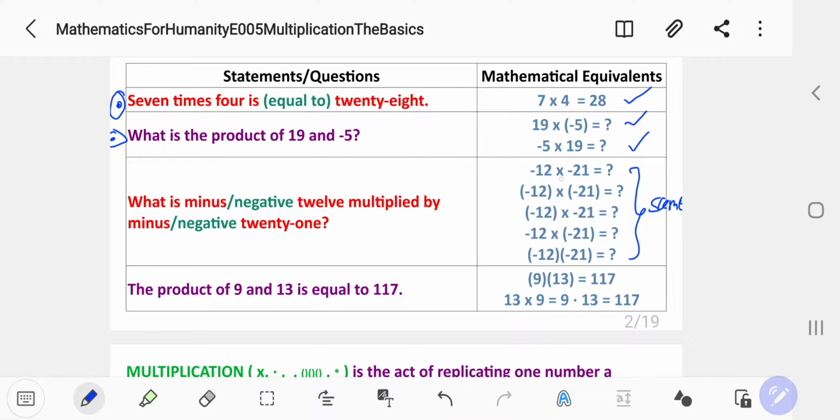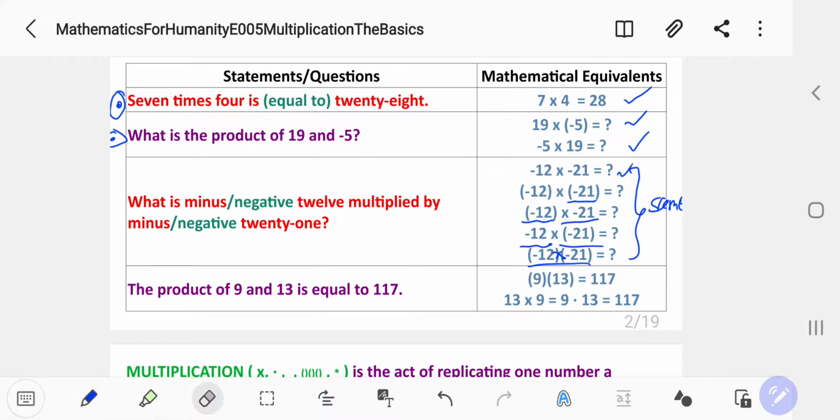So negative 12 times negative 21 equals, or you can put a parenthesis here, times negative 21, also inside a parenthesis. Or this one, you may forget the parenthesis too. You can also write it like this way, or this way, or this way without the symbol X.